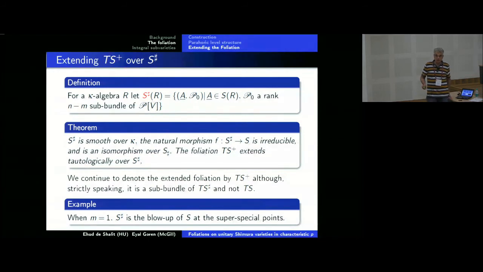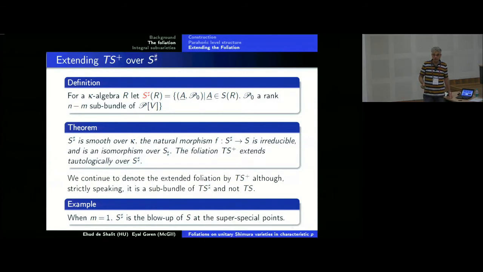And the theorem is this moduli space is smooth over kappa, first of all. So this is a non-trivial theorem. It happens that this is an example of something that in algebraic geometry is called, we didn't know this, an incidence scheme of Grassmannians. There's a criterion for an incidence scheme of Grassmannians to be smooth that we found in a book by Harris, and luckily we can prove, using the specific case that we have at hand, the moduli interpretation, that this is the case.